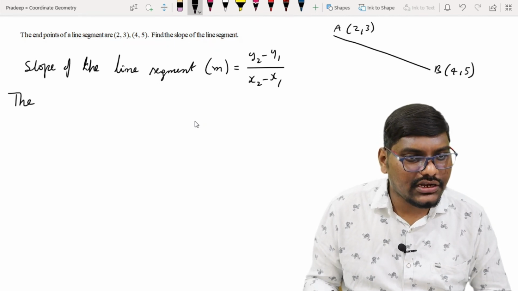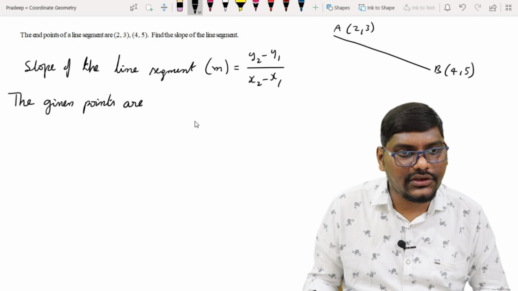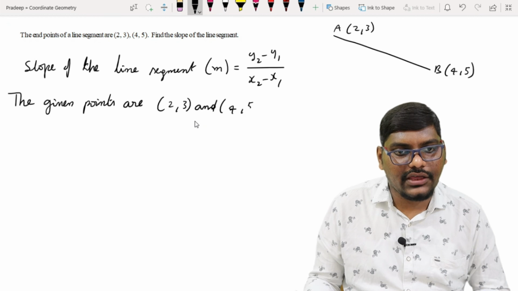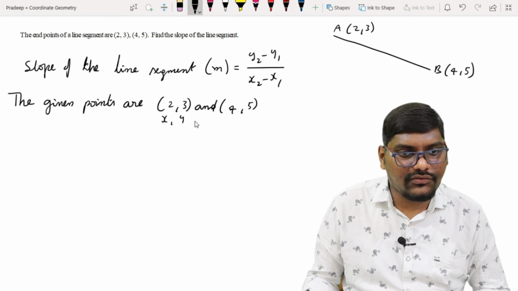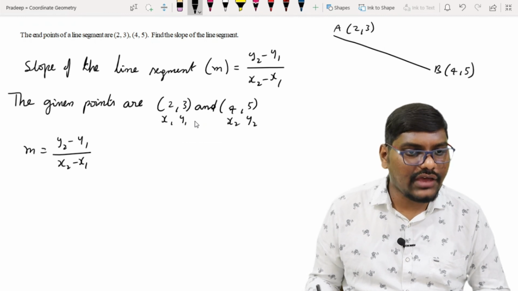So I can write here the given points are (2, 3) and (4, 5). So this is x1 y1, and this is x2 y2. So the slope formula is m equal to (y2 minus y1) by (x2 minus x1). So let's substitute these values.